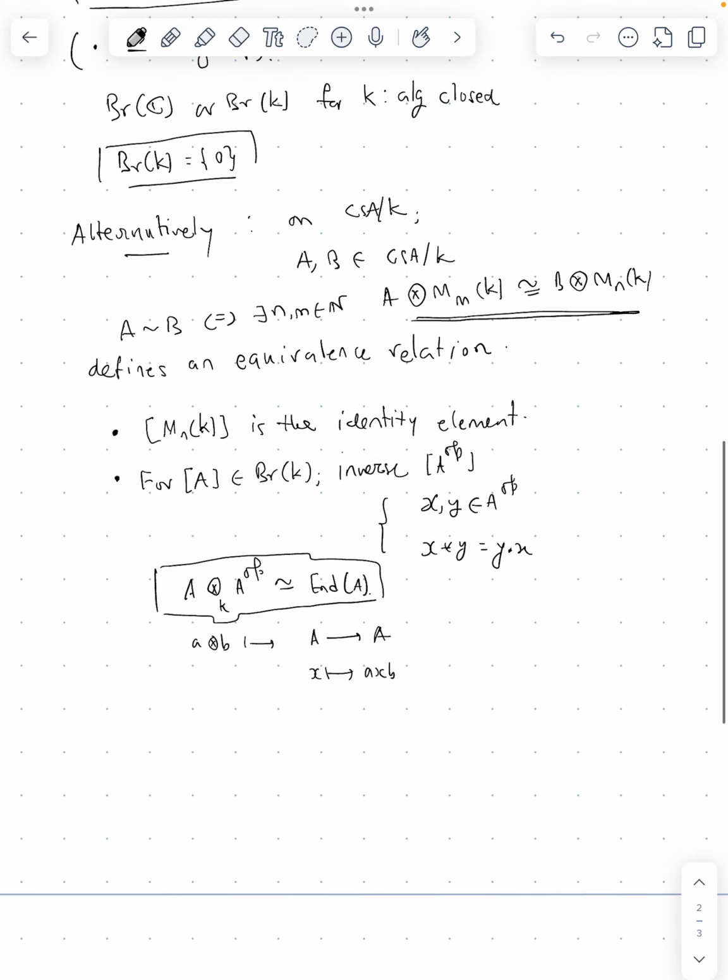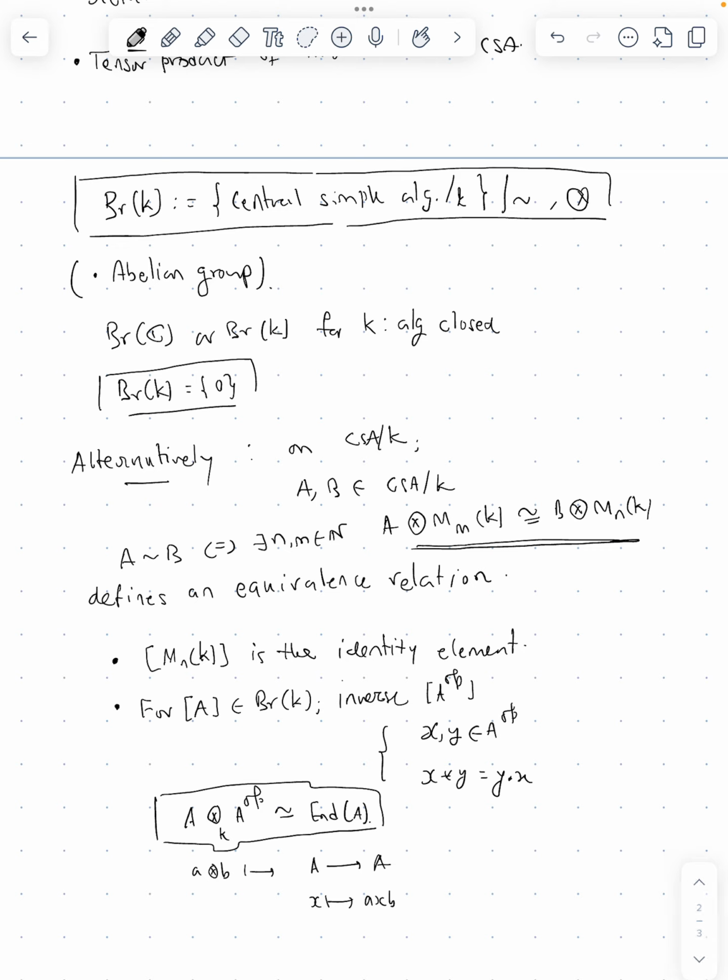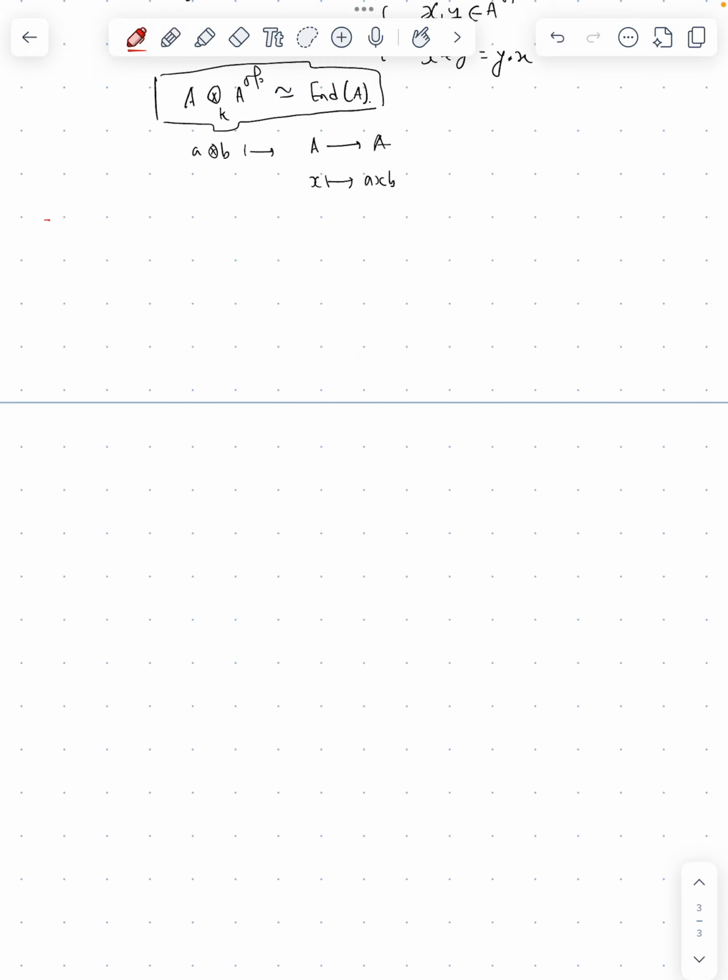However, there is one more fact about this group which is not evident from this definition. The Brauer group of K is always torsion, meaning that each element will have finite order.